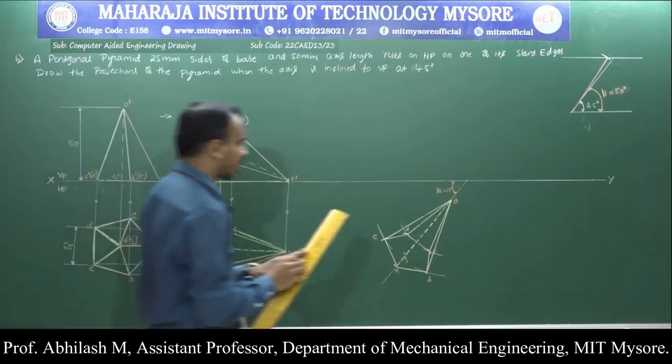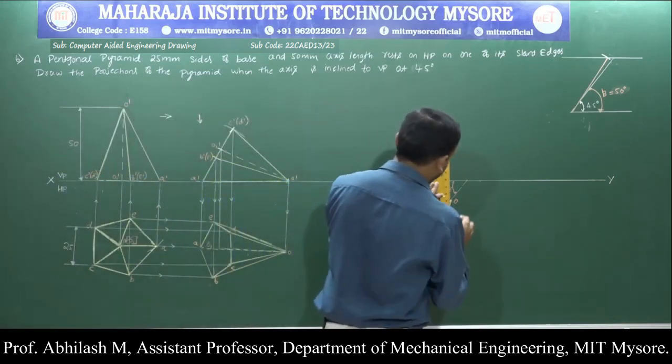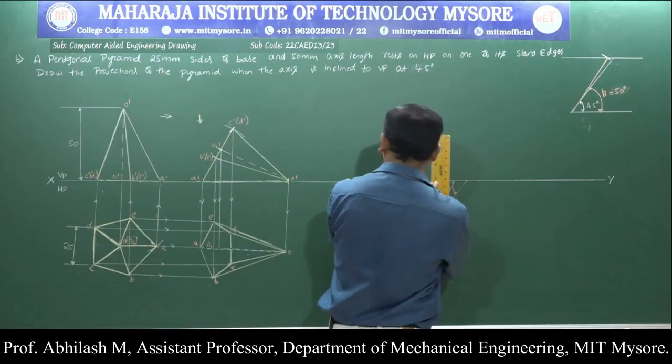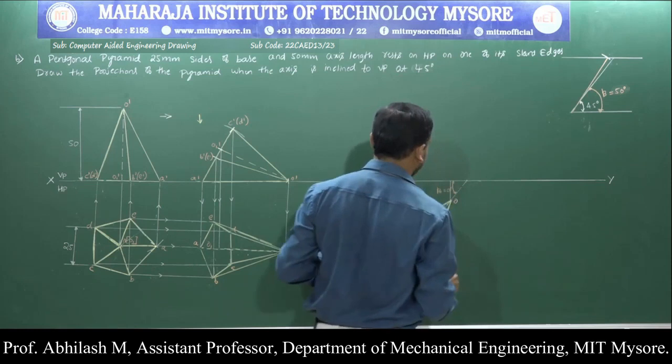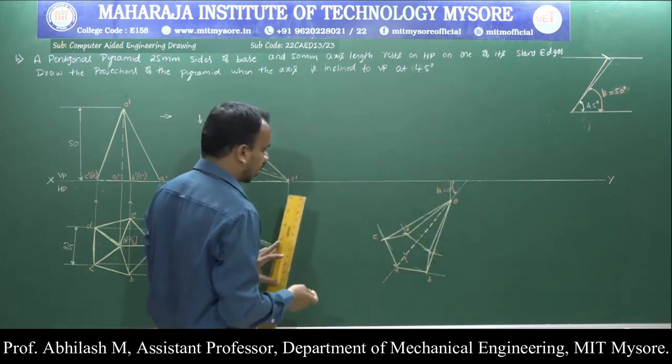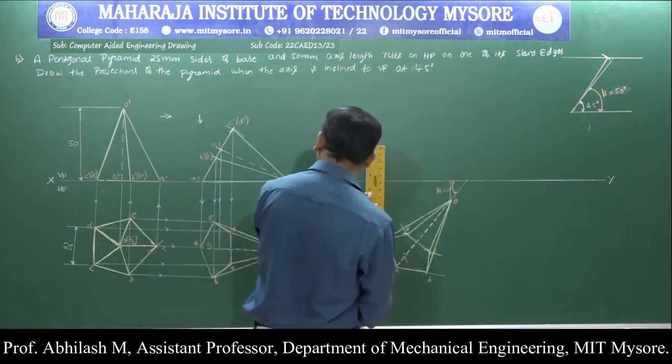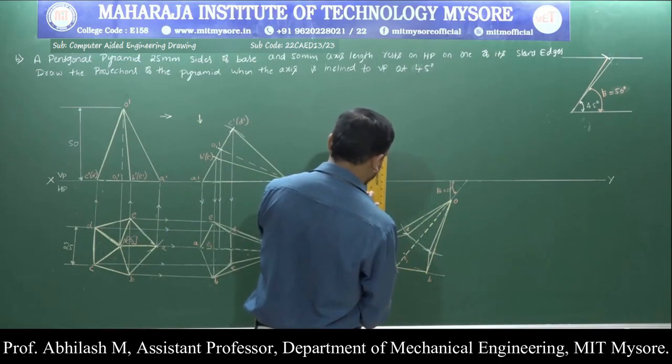So to begin with, let us begin from the point O itself. The O and O dash are on the XY line. So I have drawn the projection lines. Again from the point E, I am supposed to draw the projection line.